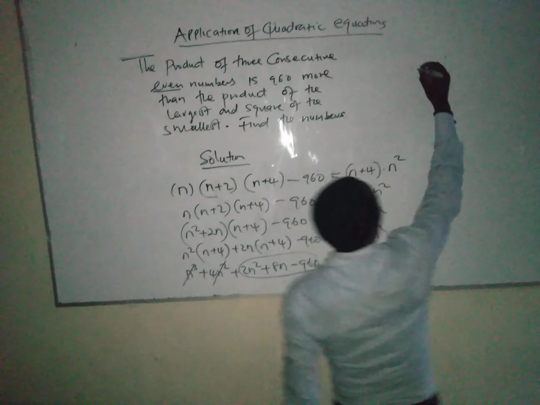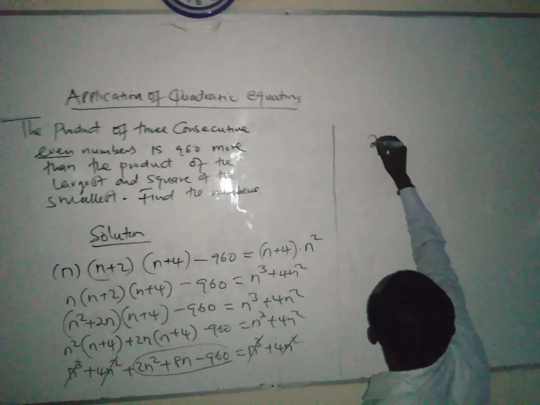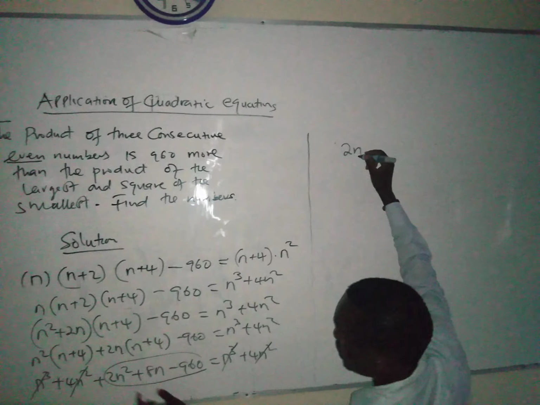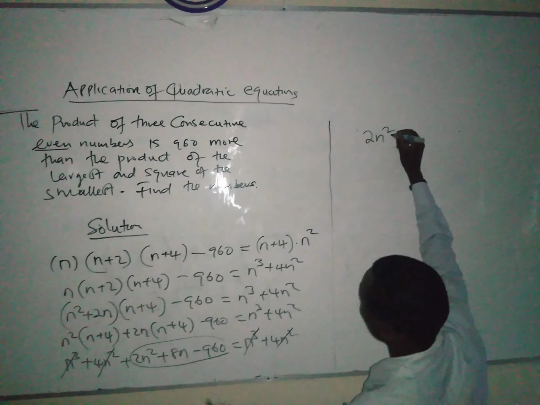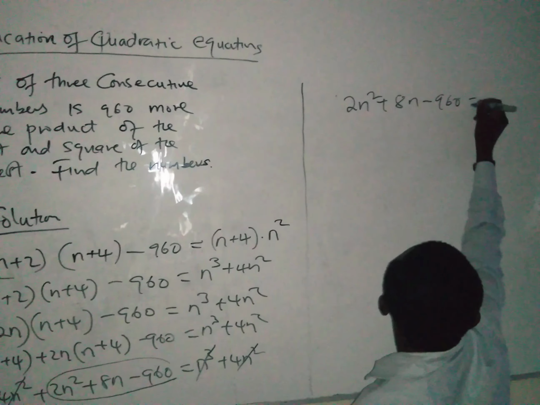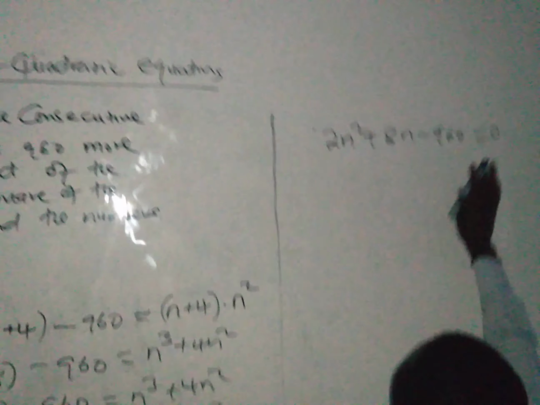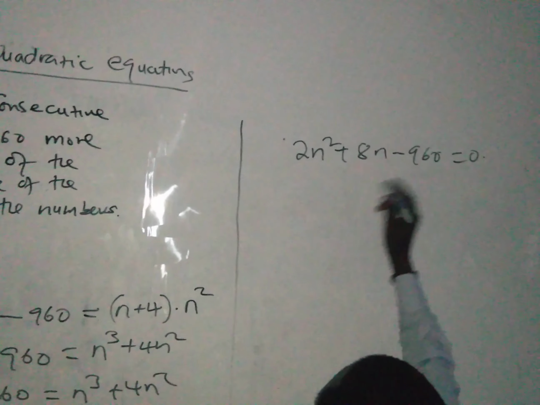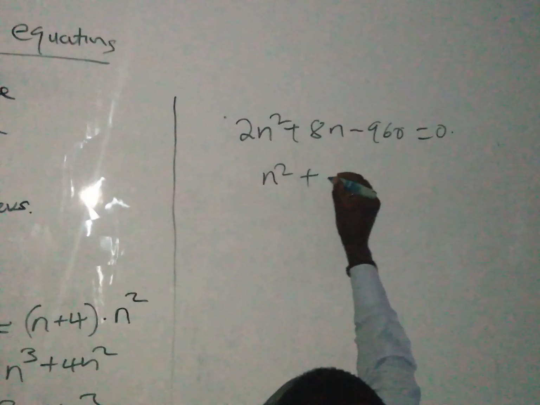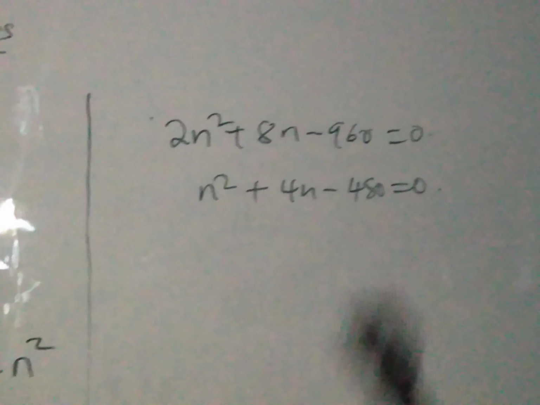So that becomes our final quadratic equation right here: 2n squared plus 8n minus 960 is equal to 0. Right? If you simplify this by dividing each term by 2, you're going to have n squared plus 4n minus 480 equals 0.